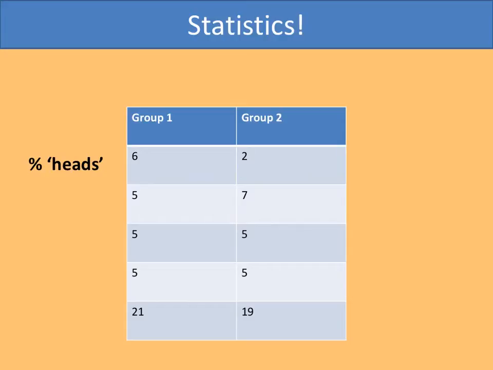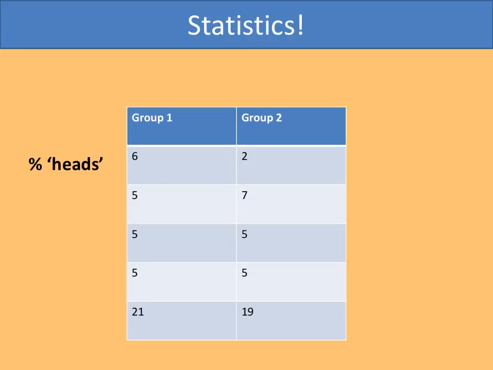Well, I'll tell you right now, no. Even though it seems like it's different, the significance level, we usually say 5 out of 100, the probability is much higher than that it's actually the same coin, right? You should get 5 and 5.